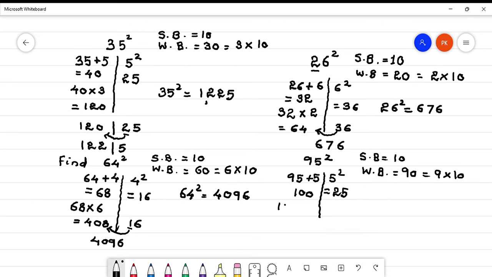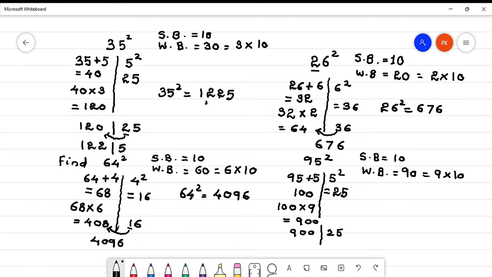I'll multiply 100 by 9. That is 900. So 900 on the left side of the partition. 25 is on the right hand side of the partition.